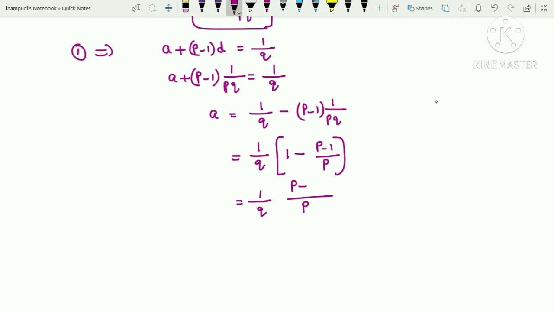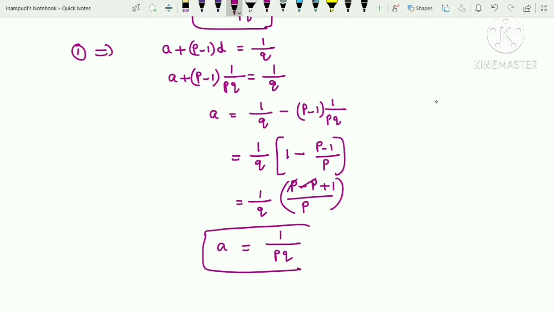Signs are changed: minus p, minus into minus plus 1. Plus p minus p cancel. So 1 by pq. This is the a value. a equal to 1 by pq. Okay, we know the a value and the d value.